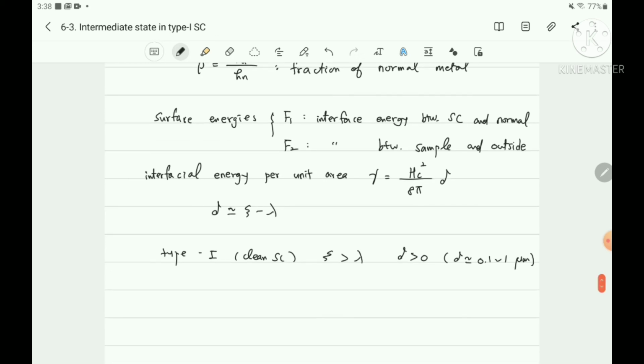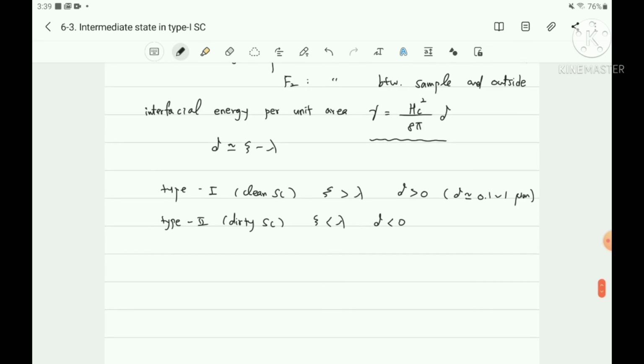But in a type 2 superconductor, or the dirty superconductor, the coherence length is smaller than the penetration depth, and the interface energy delta is negative. Negative delta means that the interface energy is negative, and they tend to generate many interfaces.